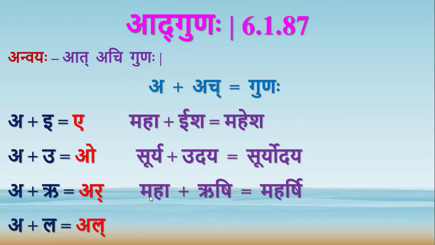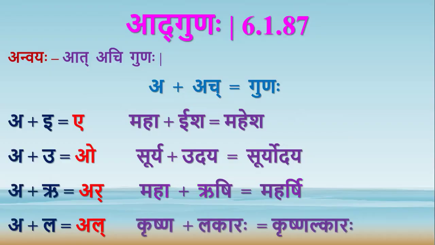Maharshi. A plus ṛ is equal to ar. Then a plus ḷ is equal to al. Krishna Lukaraha. A plus ḷ is equal to al. So it is Krishnalkaraha.